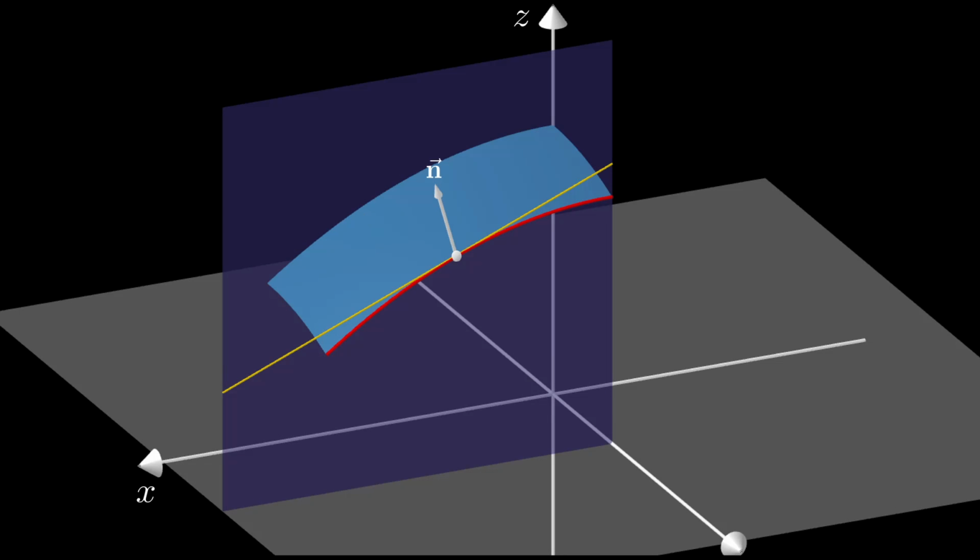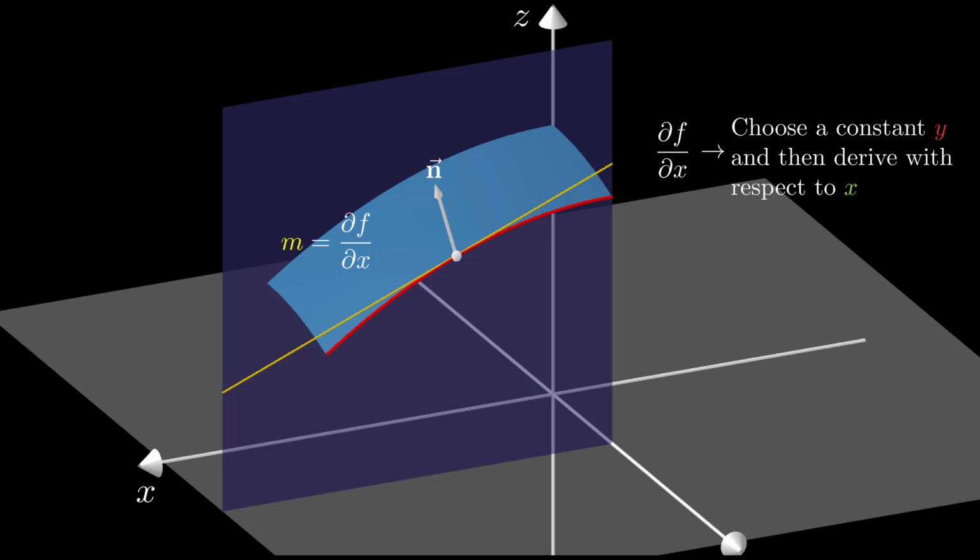So I'm going to zoom in on them, and let's simply do the same. The key here is to notice that the slope of this new line is equal to this partial derivative. Let's see why. Remember what it means to take the partial derivative of f with respect to y. What this means is the following. This says choose a constant y and then take the usual derivative.